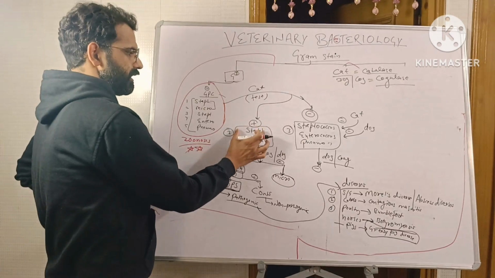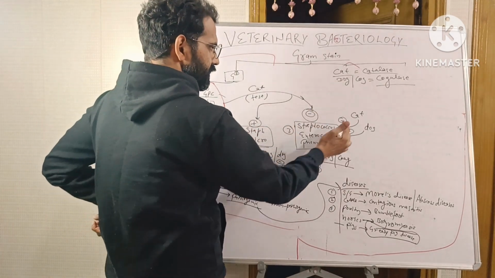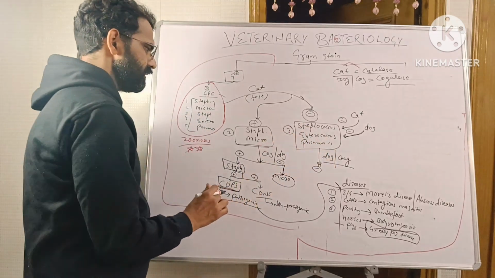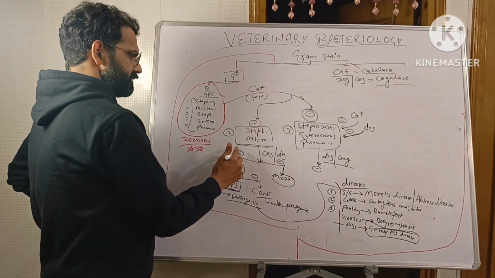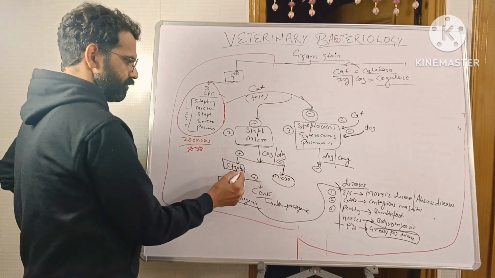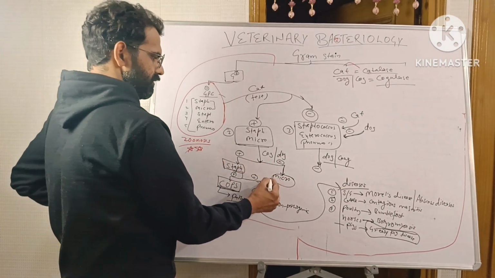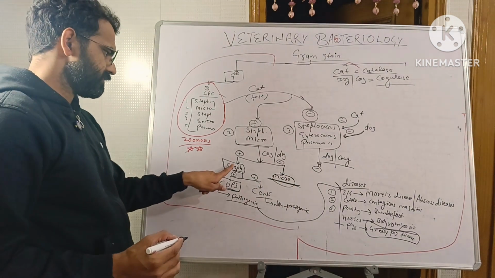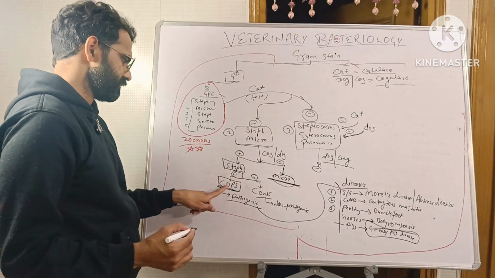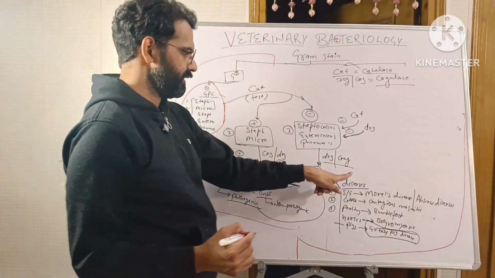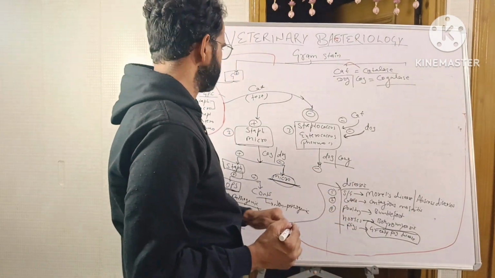These 2 are cat positive, these 3 are cat negative as well as dog negative. Then these 2 we can differentiate with the help of the dog test. Dog positive is Staphylococcus and dog negative is Micrococcus. And in staph we again have 2 categories, positive and negative. Positive are pathogenic and they cause the following diseases.